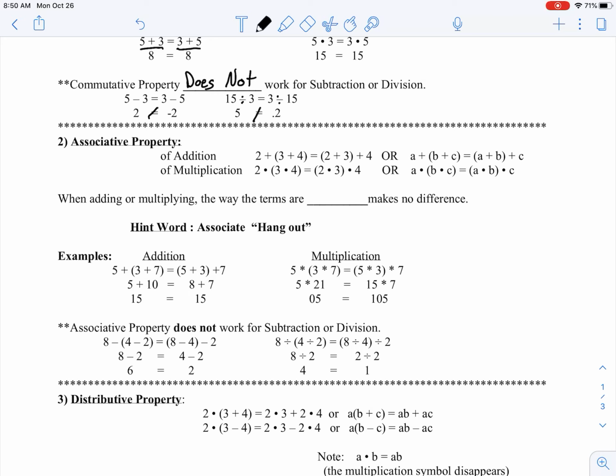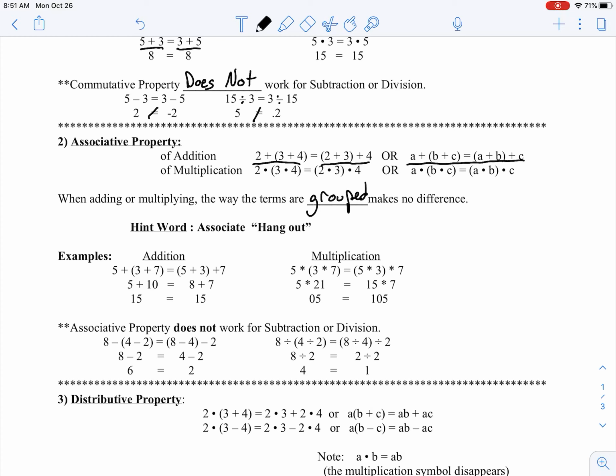So we have 2 plus the quantity 3 plus 4 is going to be the same as the quantity 2 plus 3, plus 4, or in abstract form, any number A plus any group of numbers B and C added together is the same as adding A and B and then plus C. And the same works for multiplication.